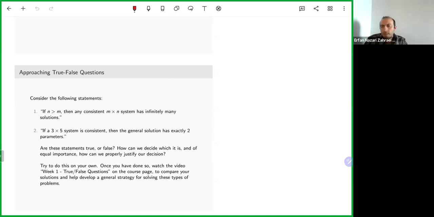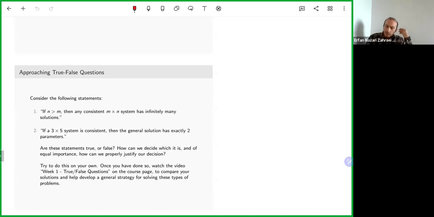But let me mention the general idea. When you see a true false question, make sure that you read the question carefully first, and digest it, completely understand it. Then think about what topic this true false question is talking about, what claim it has, and try to find something in the course that you learned, a definition, property, fact, theorem, or proposition, that is exactly related to this true false question.